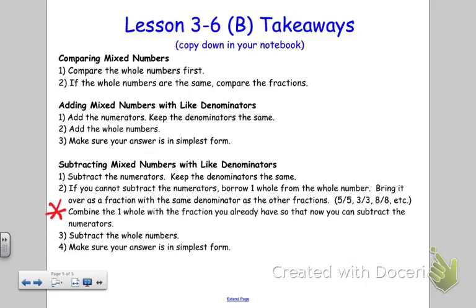Maybe you're going to bring over 8/8. It really depends on what your denominator is. Then combine that one whole that you borrowed with the fraction that was already there, so that now you can subtract the numerators that you might not have been able to subtract before. And then, of course, whole numbers come last. Worry about subtracting the whole numbers and making sure your answer is in simplest form.